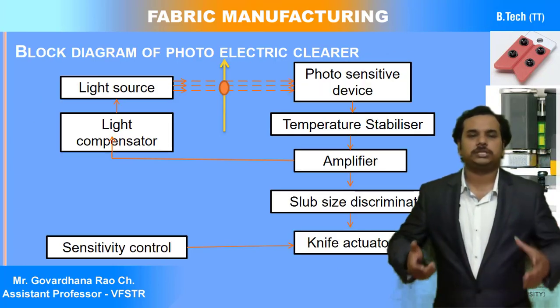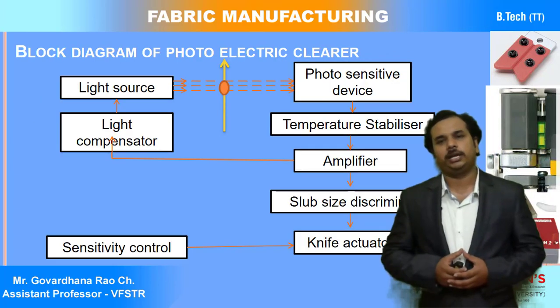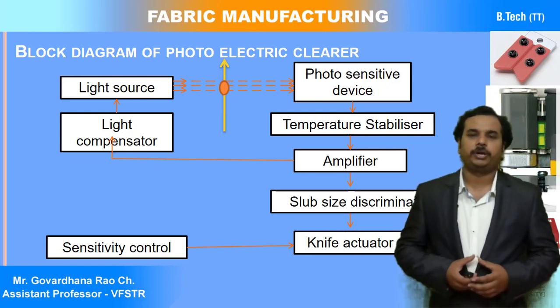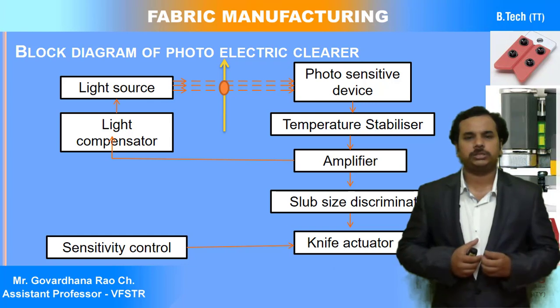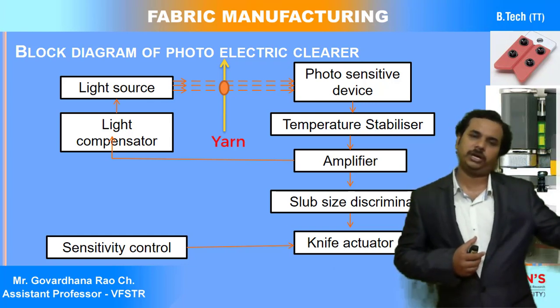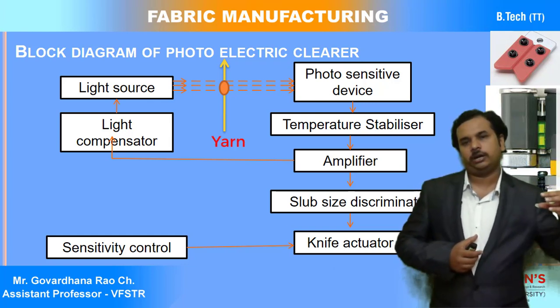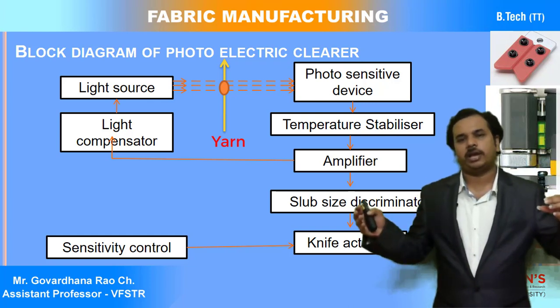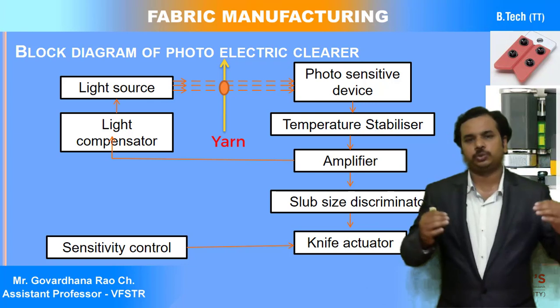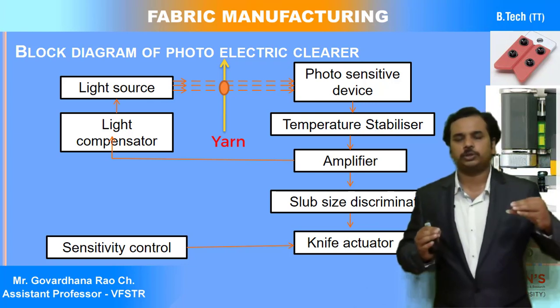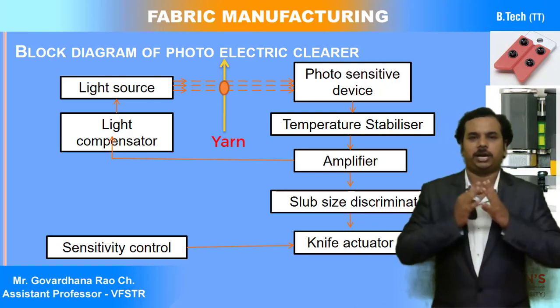And now the second case, that is the photoelectric detection principle. You can see here there is a light source coming from the left side, and on the other side we have a photosensitive device. In between these two, we are passing the yarn through the light.